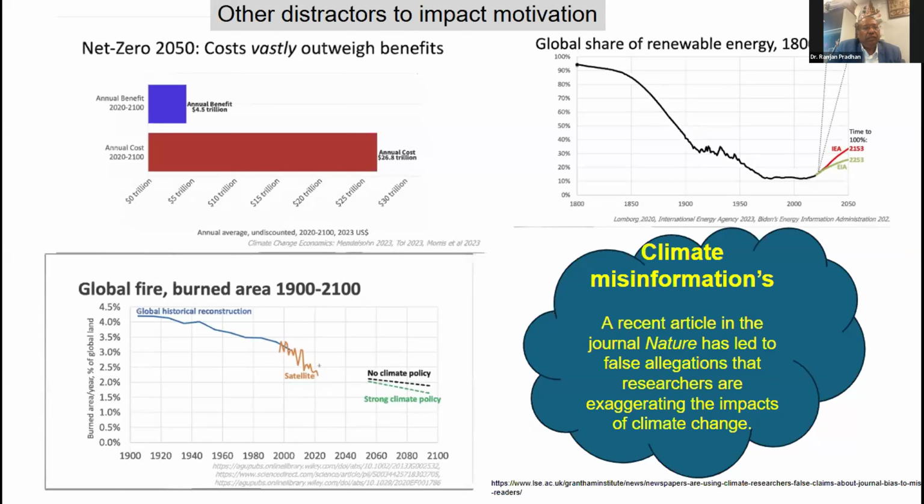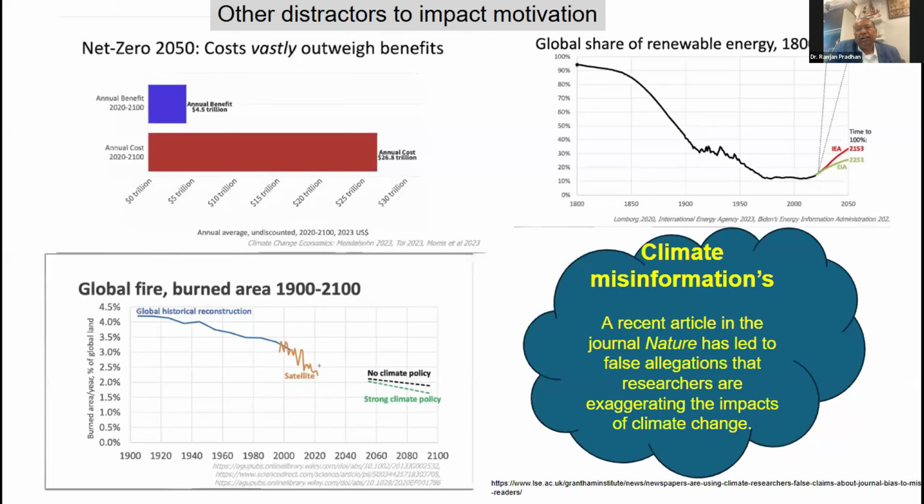But if we look at the net zero advantage, the benefits from net zero are so small compared to the cost of net zero. As you can see, it's 4.5 trillion worth of benefit, but we have to spend an annual cost of 26 trillion. Does it make sense? These questions do come up to create this confusion.